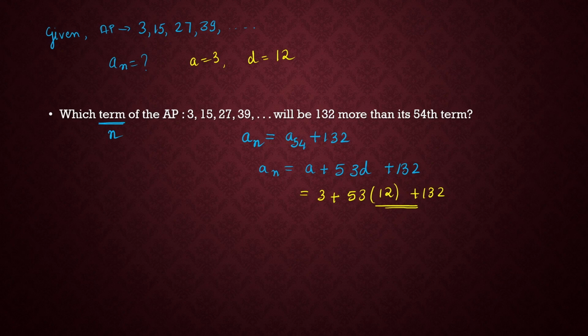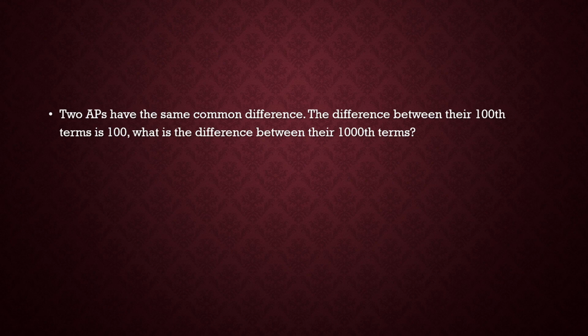Now let's move on to the next question. The two APs have the same common difference. Okay, so here there are two APs who are having the same common difference. Let me consider the common difference denoted with a small letter d.